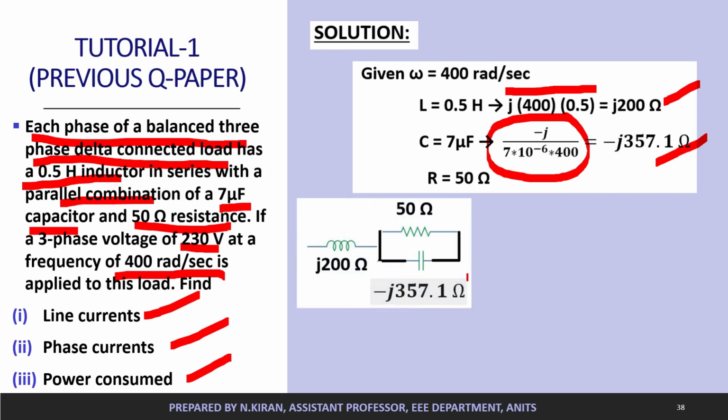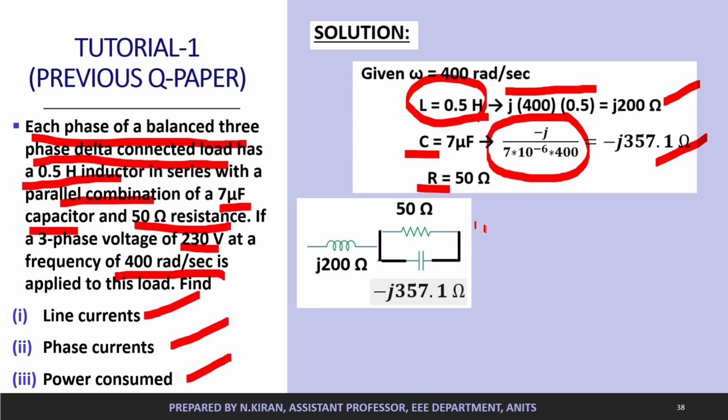Here he has given that each phase contains a 0.5 Henry inductor in series with a parallel combination of capacitor as well as resistor. So we have to find the Z equivalent of this circuit.